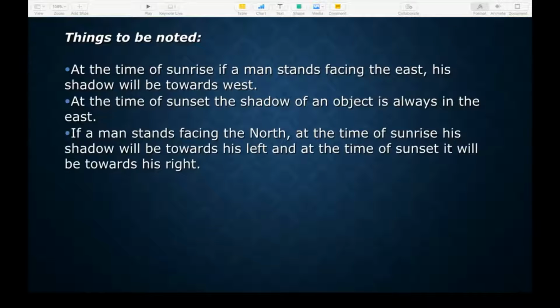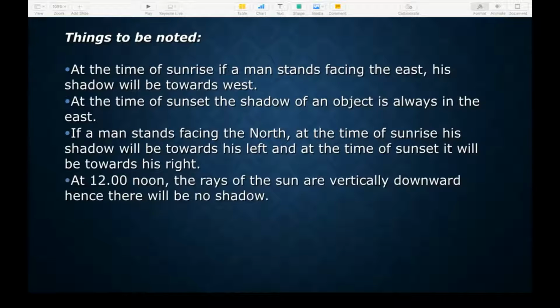At the time of sunrise, your shadow will be towards your left, because on your right side we have east, where the sun is rising. So the shadow will be on the west, which is on your left hand side. Accordingly, at sunset, if you are facing north, your shadow will be on the right side.